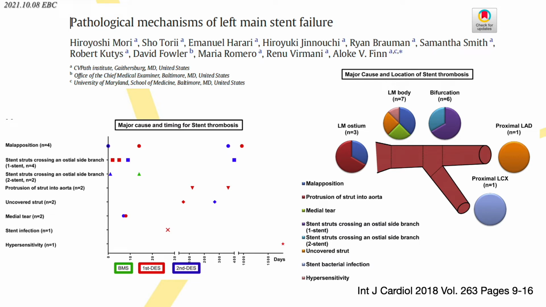However, once it occurs, it can be fatal. It shows that this thrombosis can occur a long time after treatment, regardless of the version of DES, and that the main cause is stent incomplete apposition on the left main shaft or jailed side branch ostium.